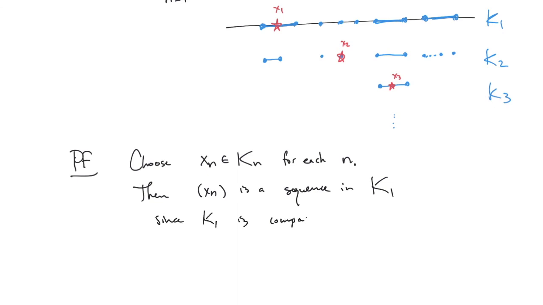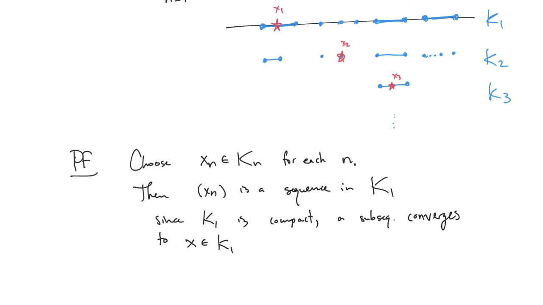Since K1 is compact, remember, compact means any sequence in the set must have a convergent subsequence, and the limit must also be in the set. So since K1 is compact, there is a convergent subsequence, and its limit, I'll call it x, must be in K1, right?